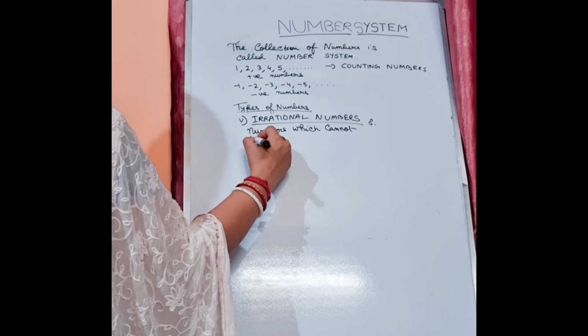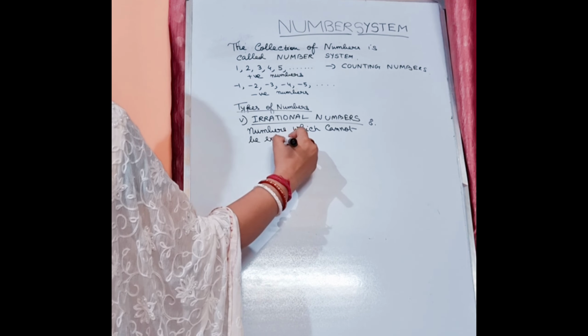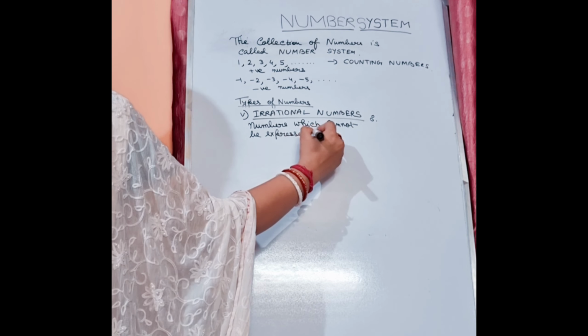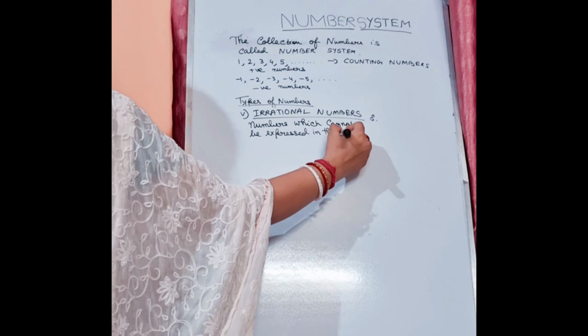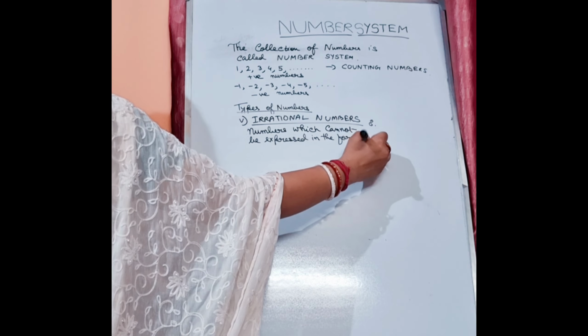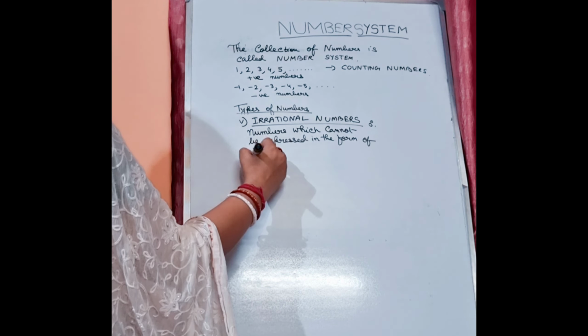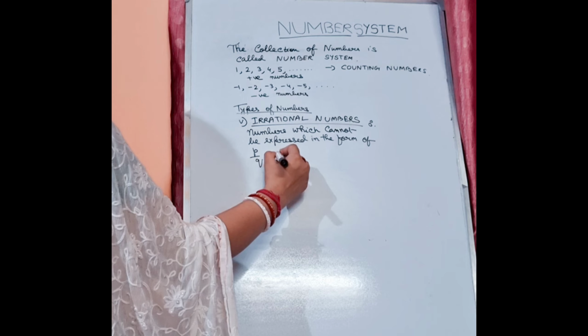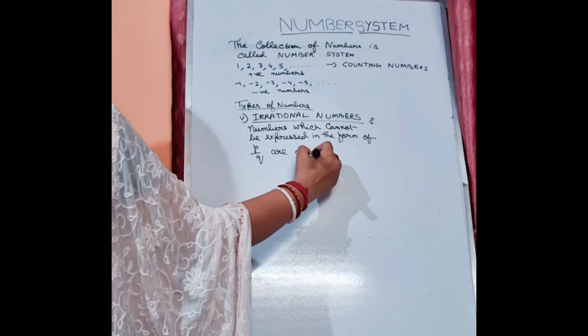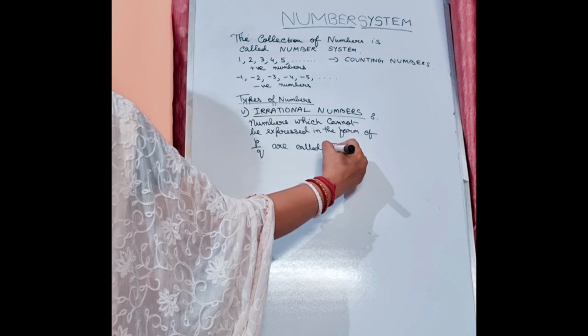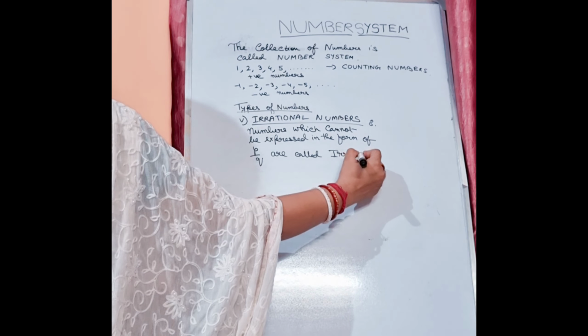So numbers which cannot be expressed in the form of p by q are called irrational numbers.